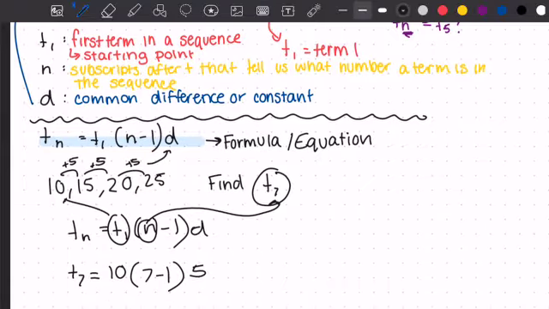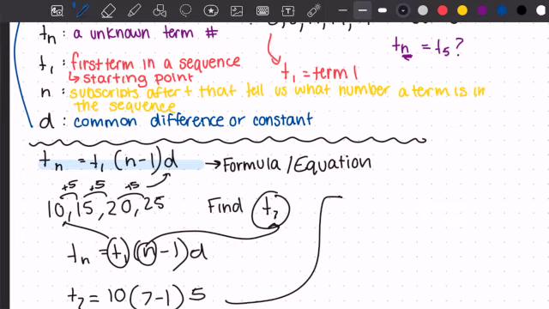Now I can solve for my 7th term in the series. T7 is equal to 10 plus 6 times 5. Sorry, that should be a plus there. So T7 is 10 plus 30, which is 40.